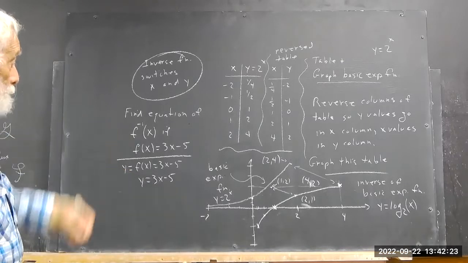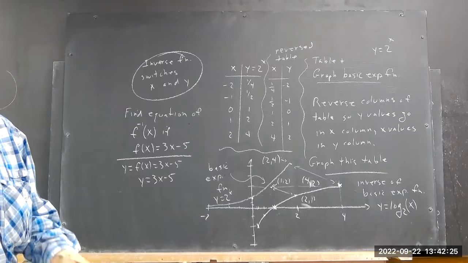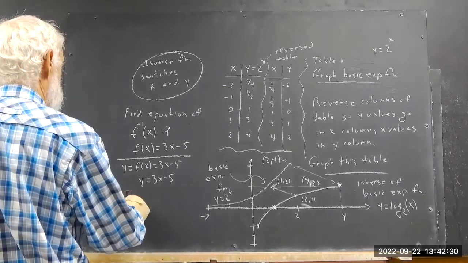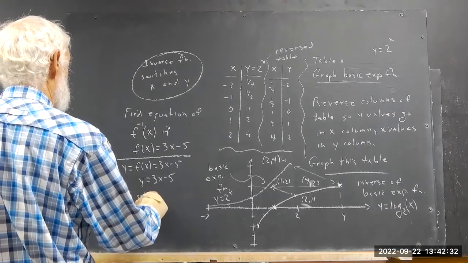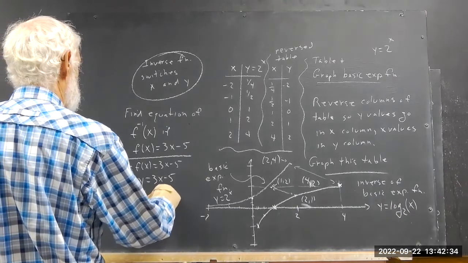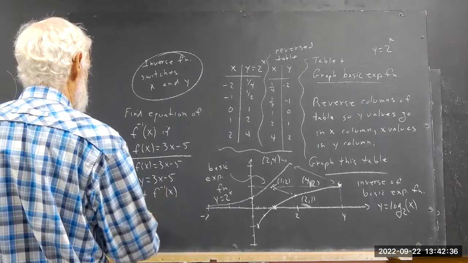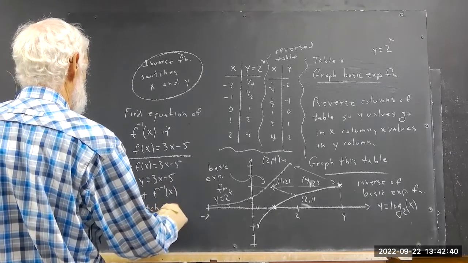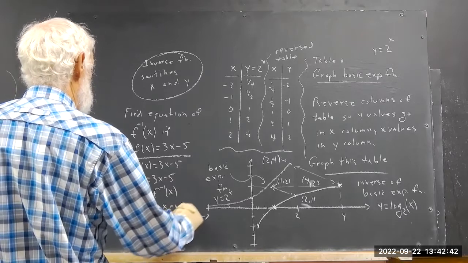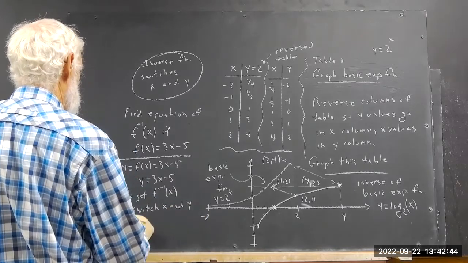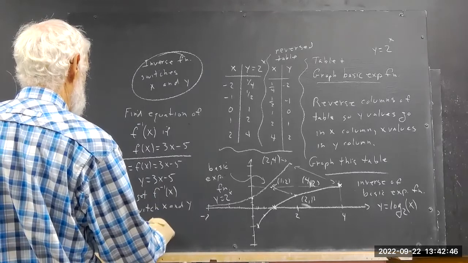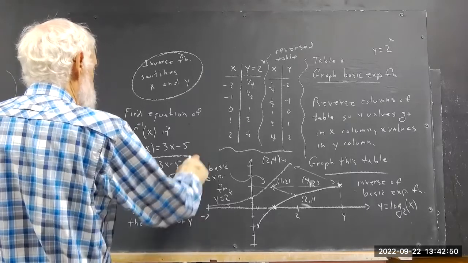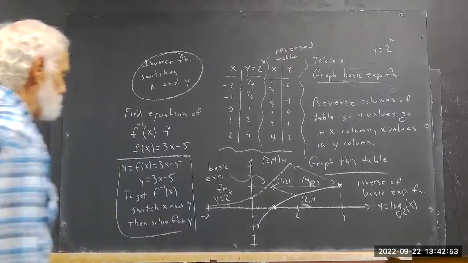To get f inverse of x, you're going to switch x and y, then solve for y.